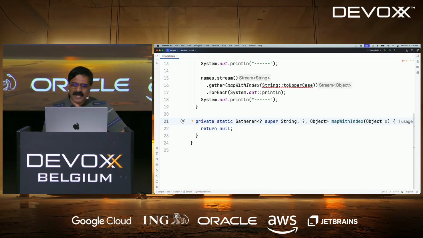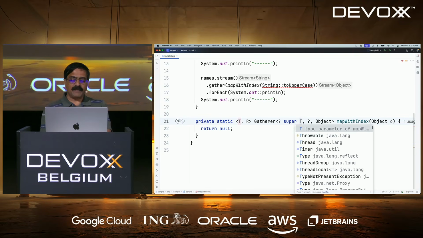This is where things get a little bit more gnarly, if you will. So I'm going to say, let's actually go a little bit more intense on this. So I'm going to say this is a generic T and R, right? Might as well generalize that. You can use it as a string. Nothing says you cannot. But I'm going to say this is going to be a type T.